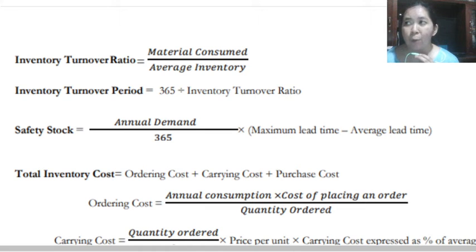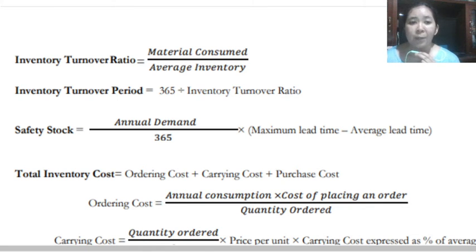How many percent of your inventory was converted into cash for a certain period? That's inventory turnover ratio. To compute that, it is equal to material consumed divided by your average inventory. So this is the percentage of turnover.